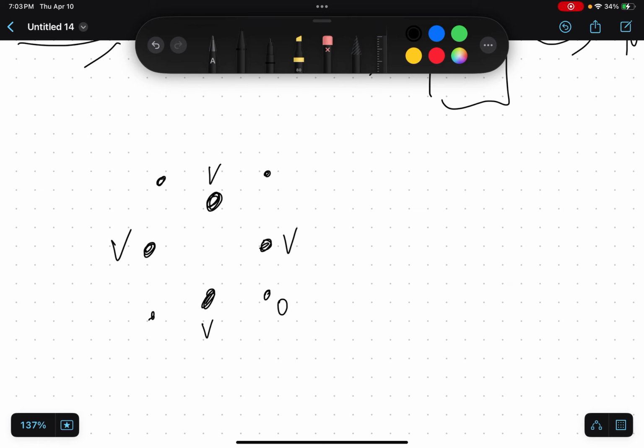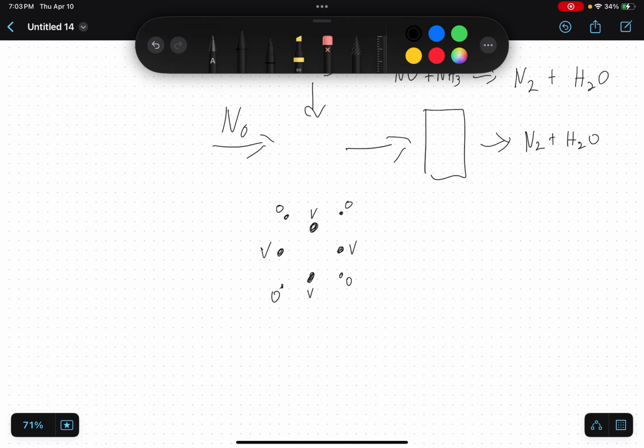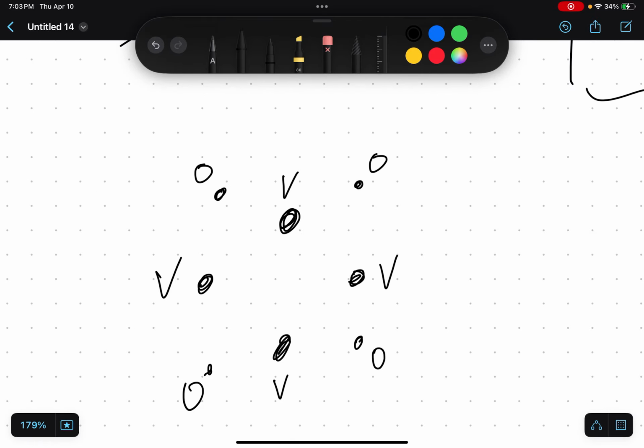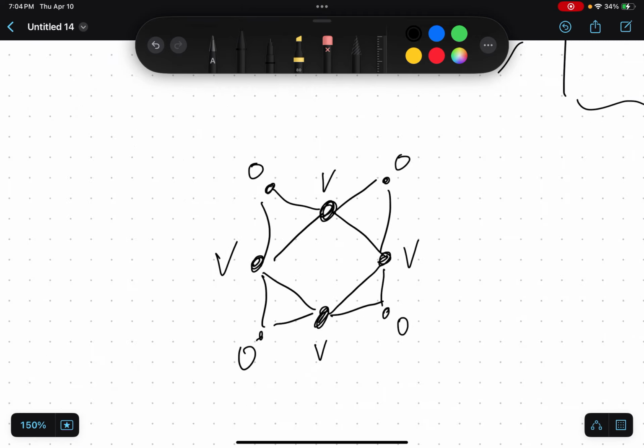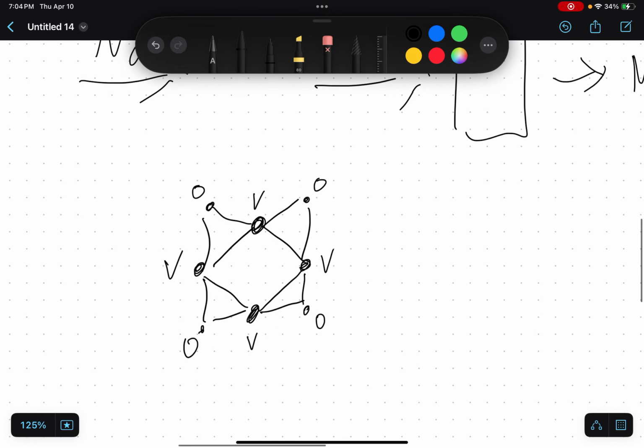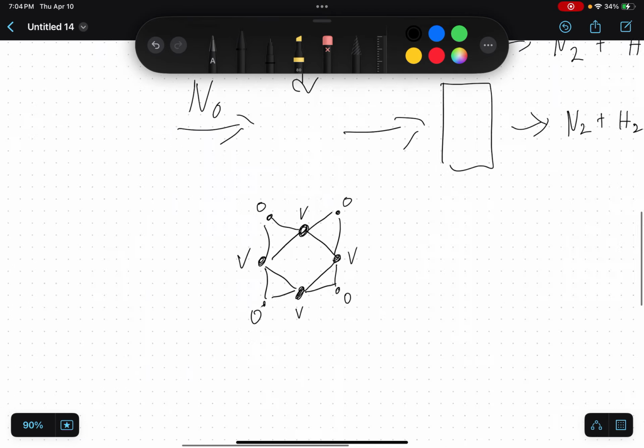Let's make it easy on ourselves. Let's say it's like that. Cool. So you have the vanadiums there, and you have the oxygens here, and they're all interlinked. So you got your molecule that's super huge, and that's what the catalyst is made of.